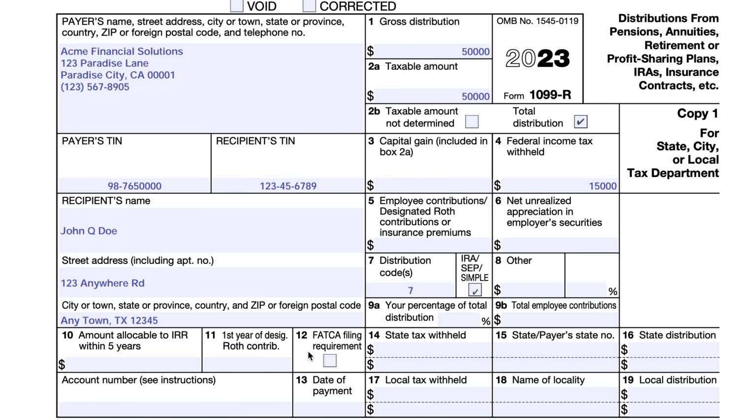So this probably won't mean much to you as a taxpayer. It's more important for the financial institution in terms of their compliance. If there's an account number, they may put that information here. It's not necessary at all.